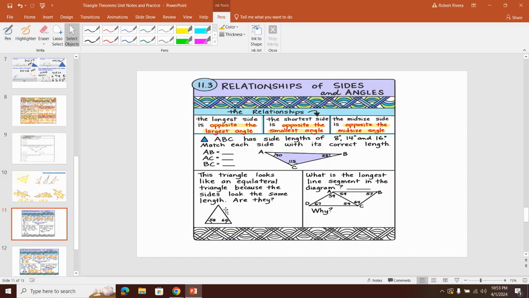You can try some of these by yourself. Okay. So they might tell you, okay, here are the angles, and they give you 3 lengths. You need to figure out where you would put the 8, where you would put the 14, where you would put the 16. Okay. And then here's another one. They're saying that this is equilateral. Is that possible? Yes or no?